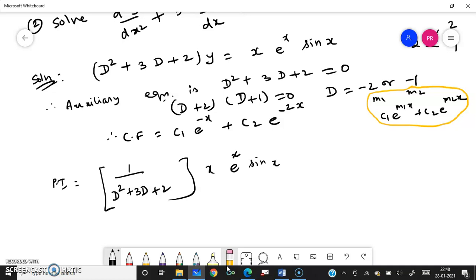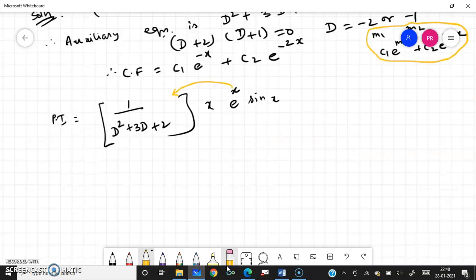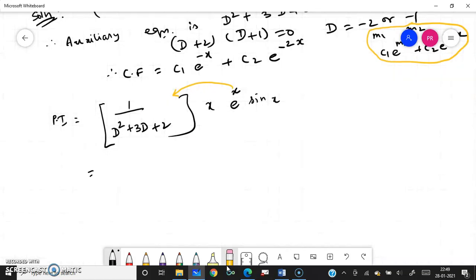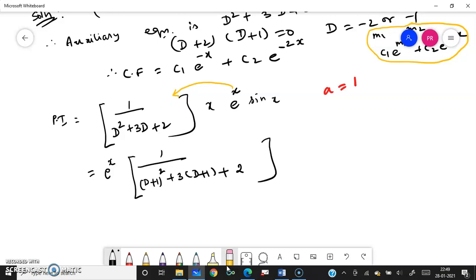First we should write the e power x, so d becomes d plus 1, a equal to 1. So take e power x outside. It becomes 1 upon d plus 1 the whole square plus 3 times d plus 1 plus 2, into x sin x.